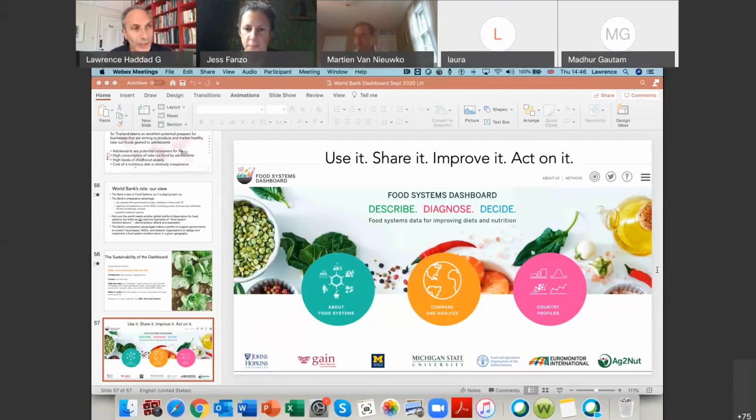But if we're going to end up linking the dashboard to a set of policy areas and policy suggestions, policymakers have to be able to know that the dashboard is pointing you towards these 20 policies, and you need to know whether you actually have these policies in place or not. Because if you already have them in place, then that's great, but it means that they're not working as well as they could be working. So we need to do more on policies.